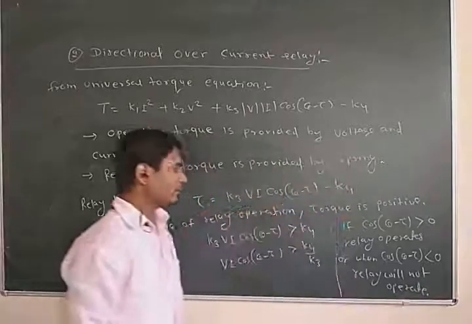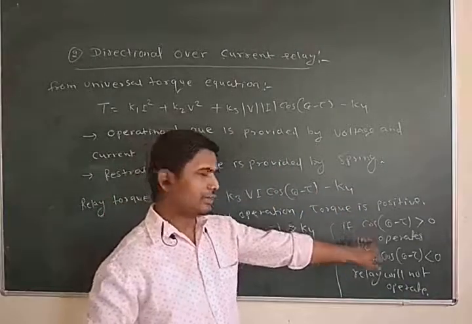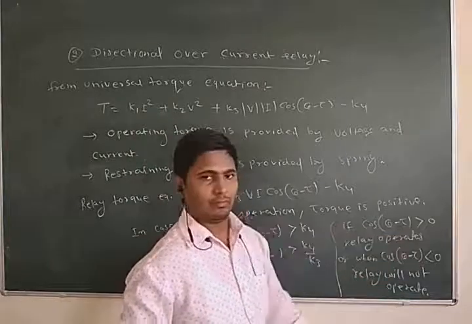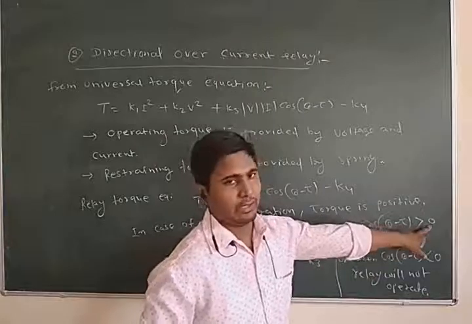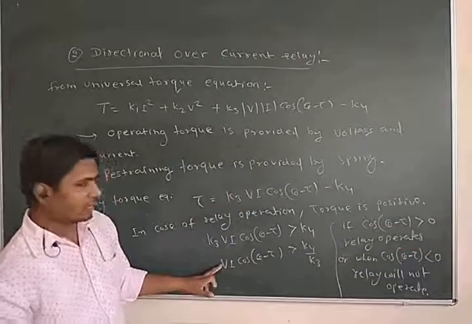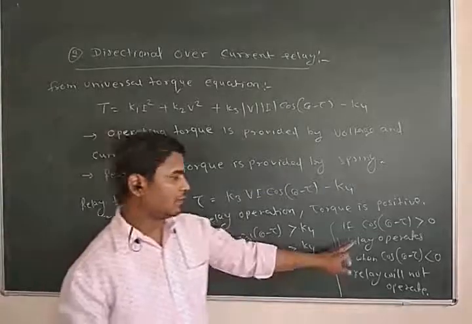So in this way, the operation of our relay depends on the value of cos(theta minus tau). If the value of cos(theta minus tau) is greater than 0, it means operating torque is positive, and the relay will operate.